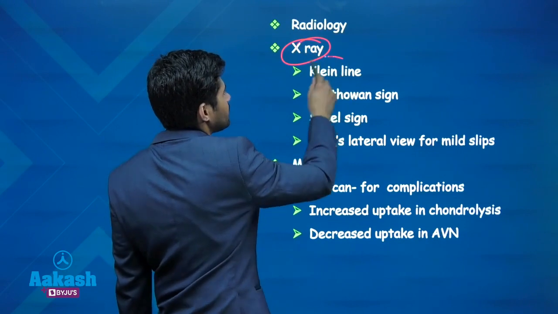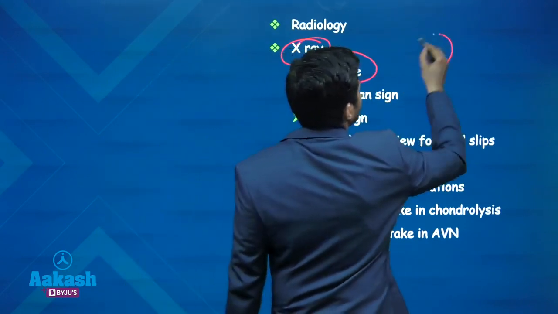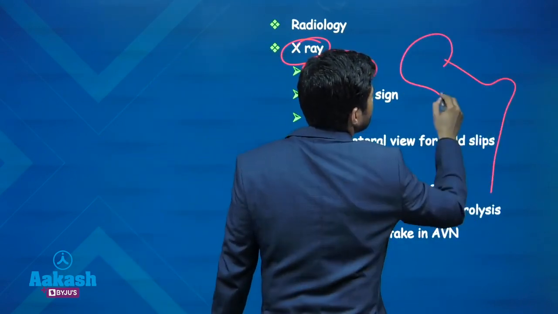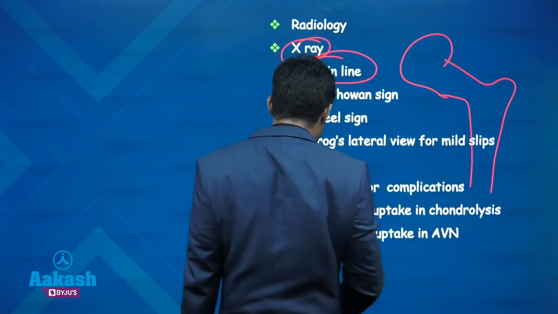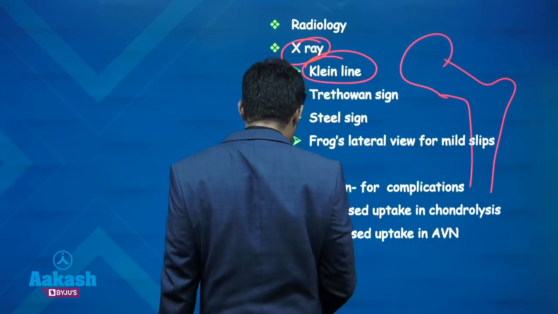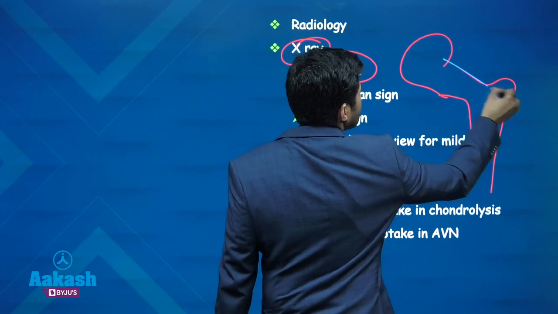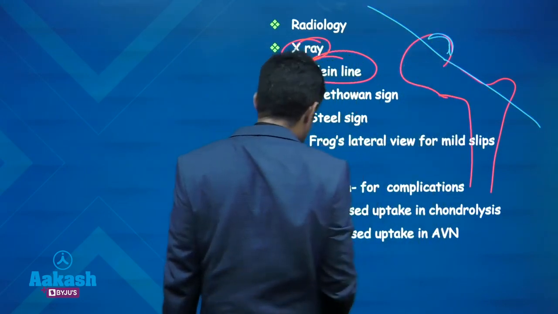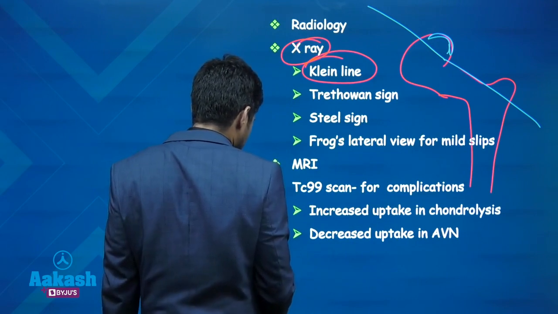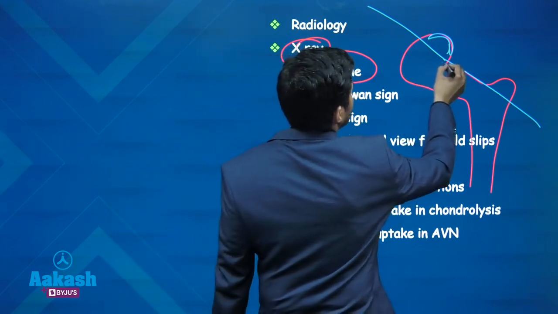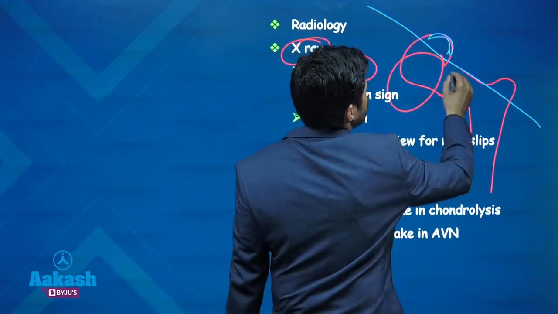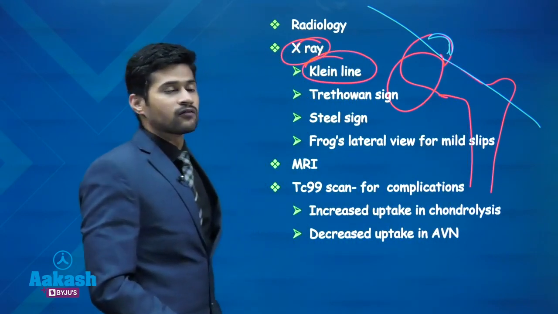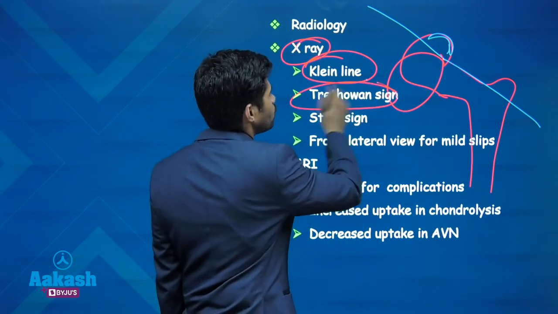On X-ray, we draw a Klein line, which is a line along the superior border of neck of femur. So Klein's line normally cuts a portion of the head of the femur. But in cases of SCFE, the head will somewhere be here. So Klein's line will not cut the head of the femur. So this is known as Trethowan sign.